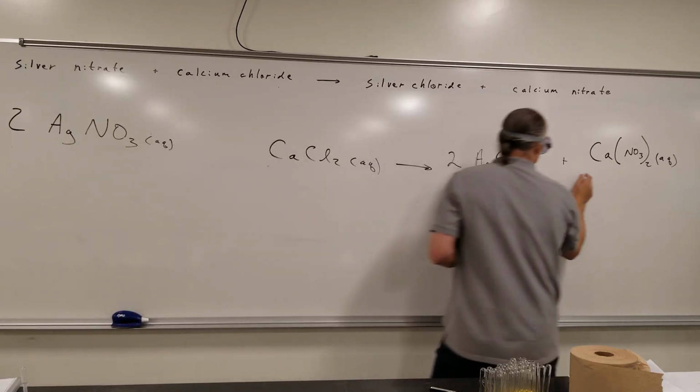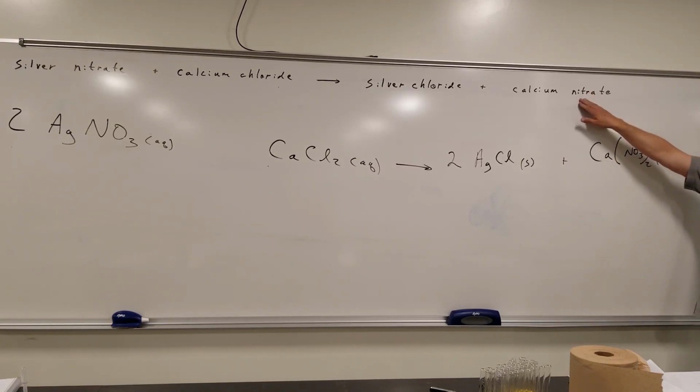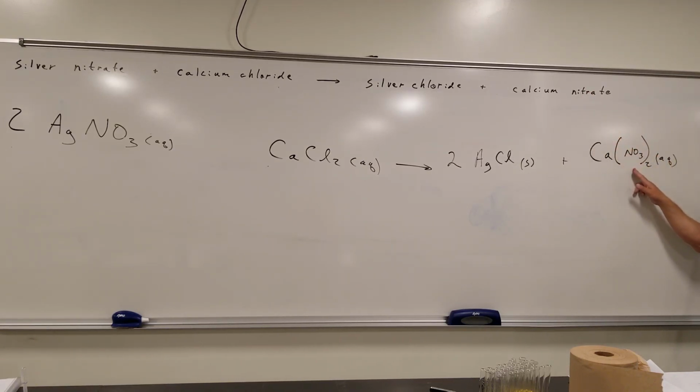And if you look over here, I have 2 units of NO3. So, completing this lab report, take the names, translate them into correct formulas. Once you have all your formulas correct, balance the equations.